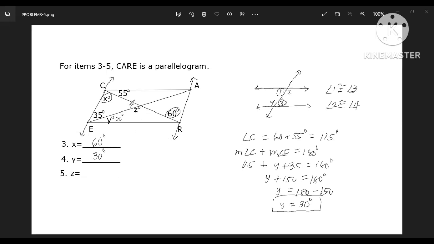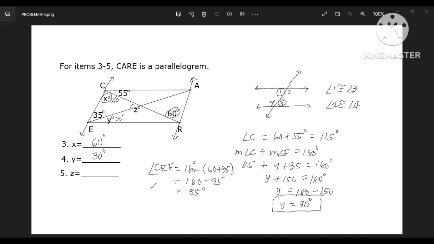Now, how do we get this angle CZE, no? Remember that the sum of the interior angles of a triangle is 180, no? So if this is 60, then angle CZE is 180 minus the sum of the two angles, 60 plus 35, di ba? Ganyan. Now, 60 plus 35 is 95. Therefore, angle CZE is 85 degrees.